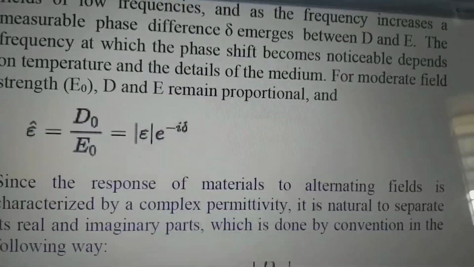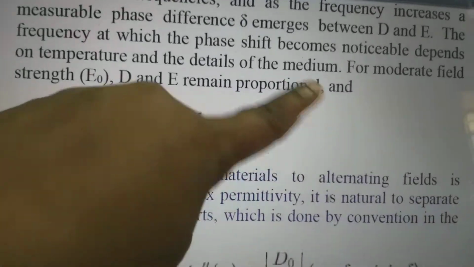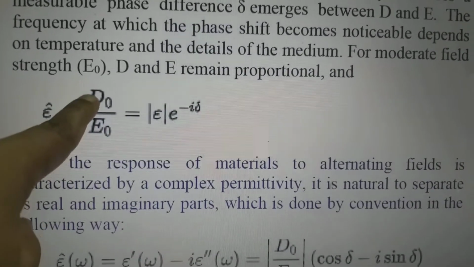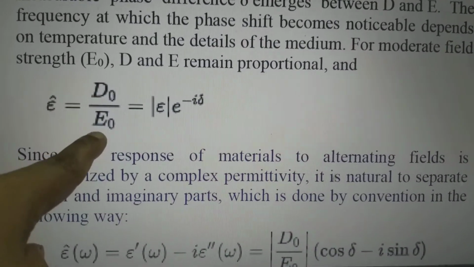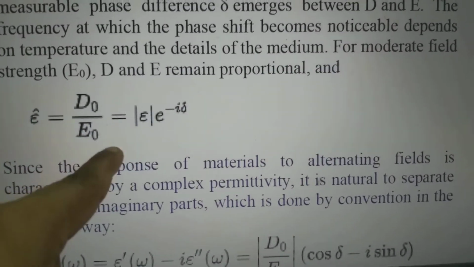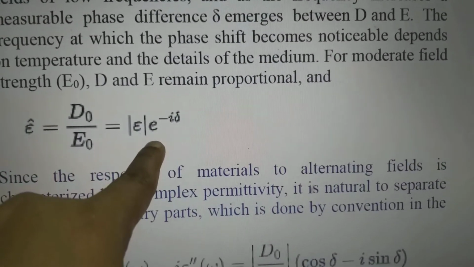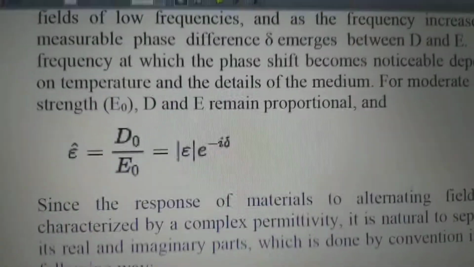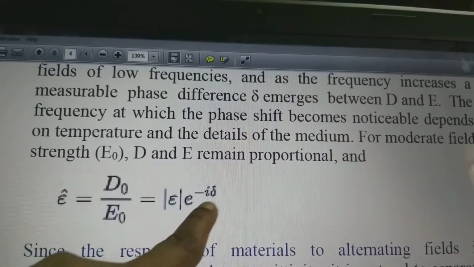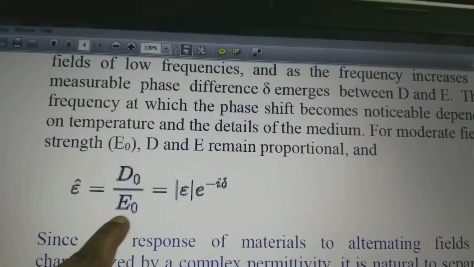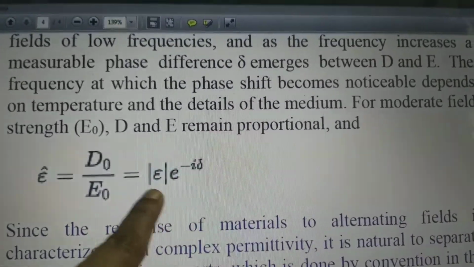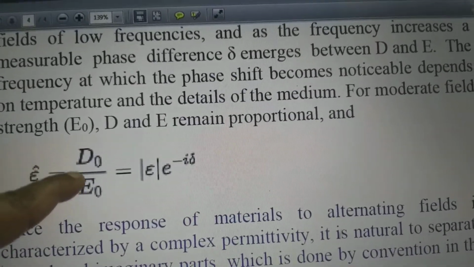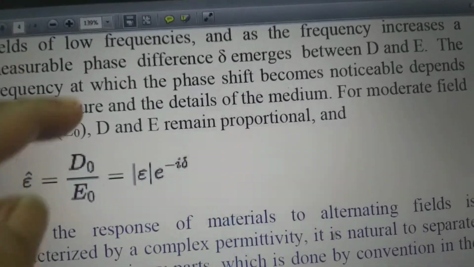For moderate field strength, D and E remain proportional. That is, epsilon is equal to D naught by E naught, which is equal to the modulus of epsilon times e power minus i delta. For low frequency, this becomes e power 0. So D naught by E naught equals the modulus of epsilon only. So D is proportional to E where low frequency occurs.